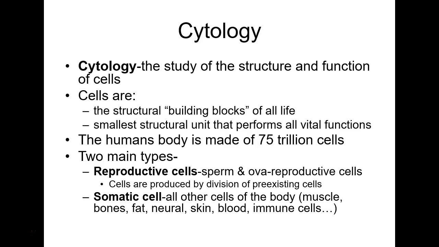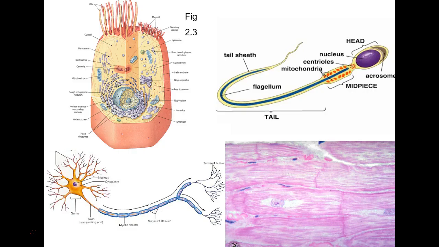Most of those cells are what you call somatic cells. So somatic cells are all the cells of the body, like muscle, bones, fat, neural, skin, blood, immune cells, everything that composes those. That's somatic cells. Reproductive, simply sperm and egg.